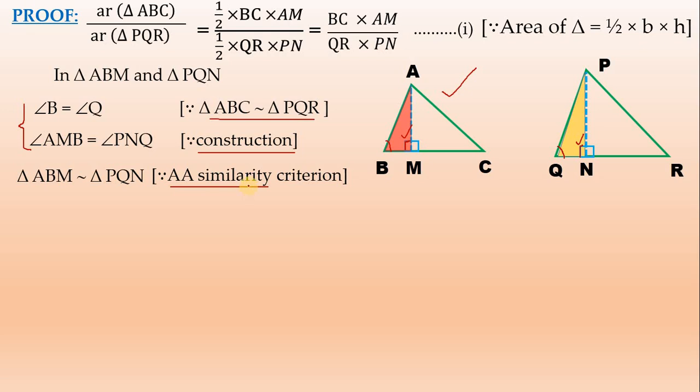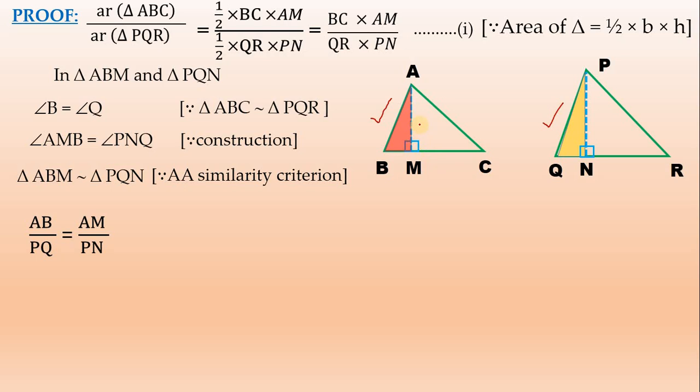Children, you all studied that when two triangles are similar, all their corresponding sides are proportional and corresponding angles are equal. Hence, I am taking what is helpful for this theorem, that is AB by PQ is equal to AM by PN.